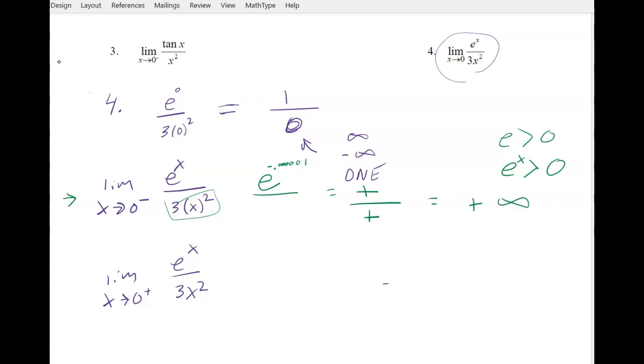The same thing happens coming from the right. You get e to a number that's almost 0. So you get about 1, maybe you get 0.9999999, but it's still positive. You never can get a negative value out of a positive base raised to a real number.